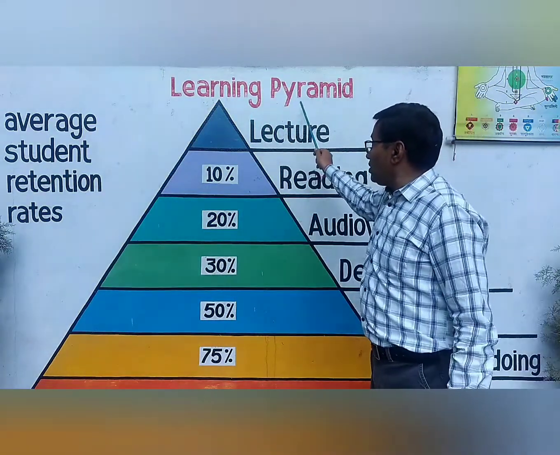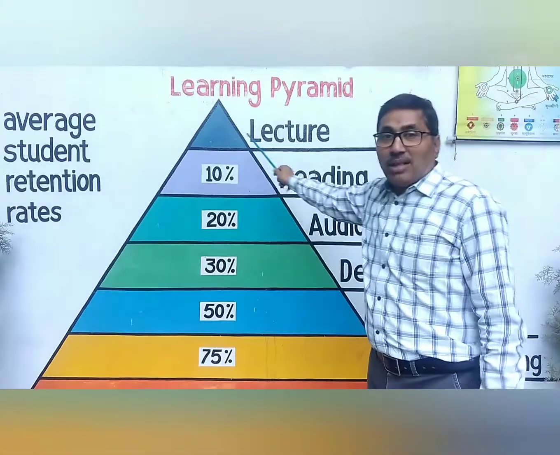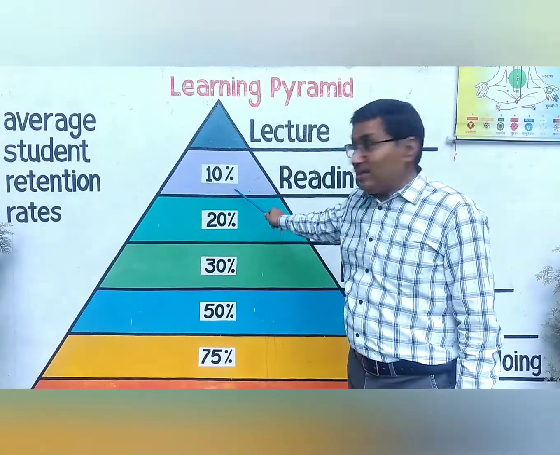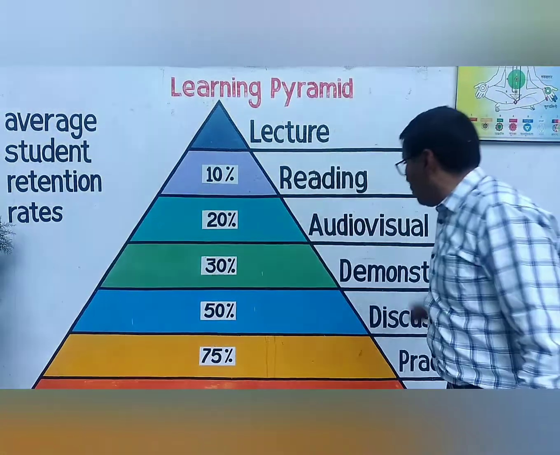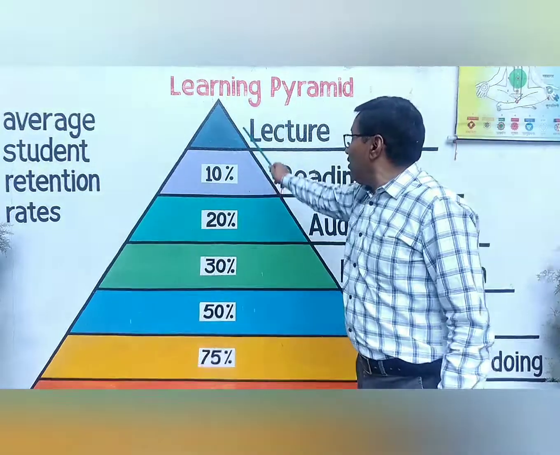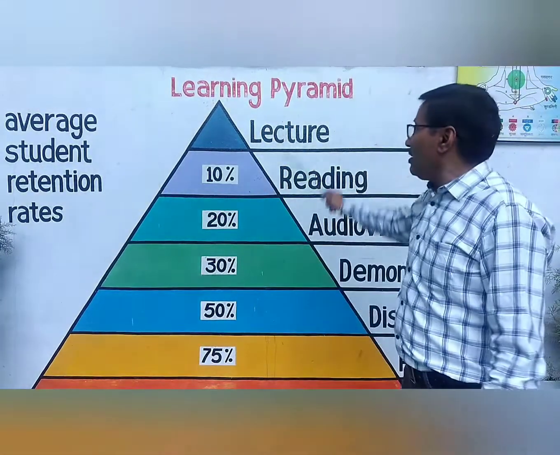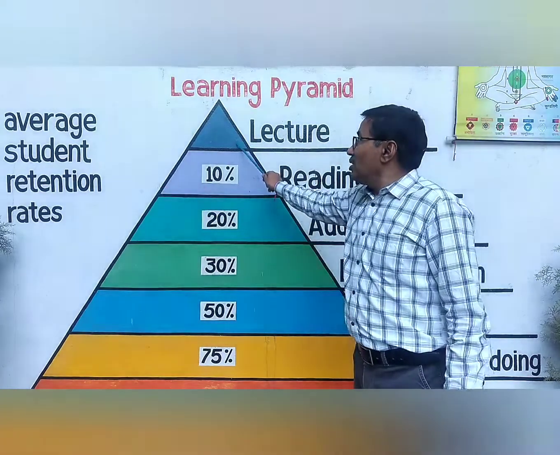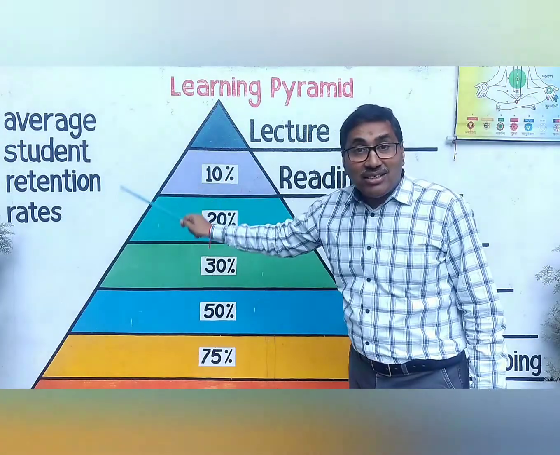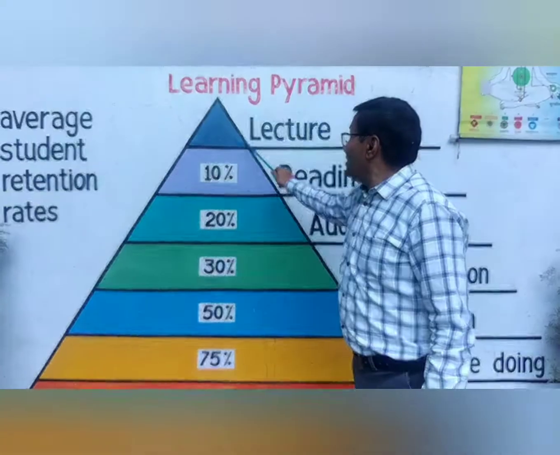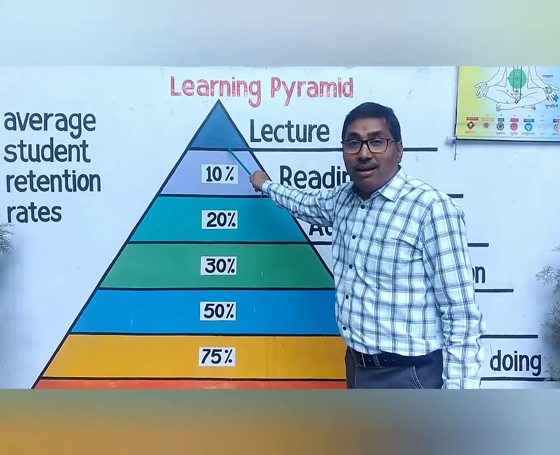The learning pyramid shows the apex of the triangle. Here is the triangle. First, the apex shows the lecture, the method by which the average student retention rate is nothing, null.